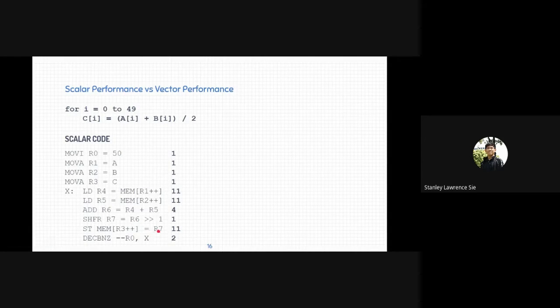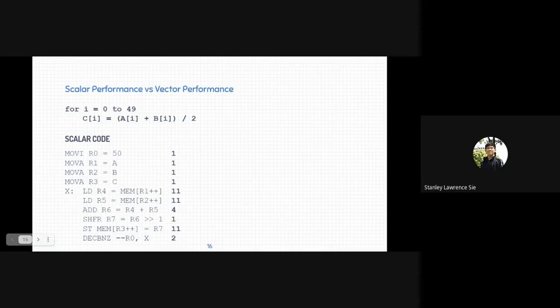And we store the result back to the address pointed to by register 3. In the last line, we decrement R0, which serves as the counter for how many iterations we should go, and it will repeat the loop, going back to X if R0 is still not 0.